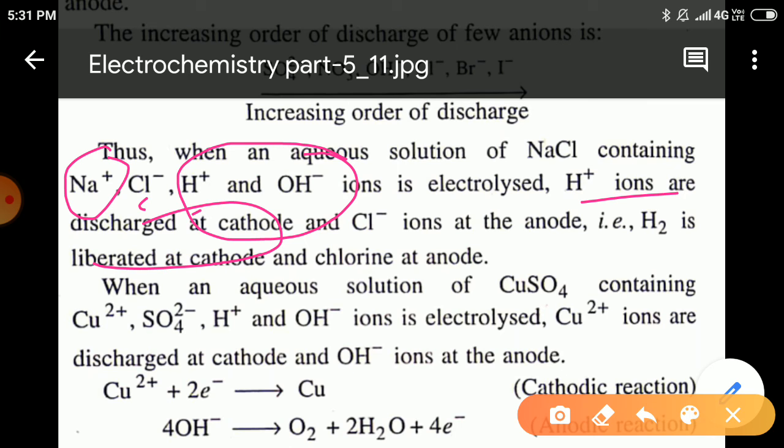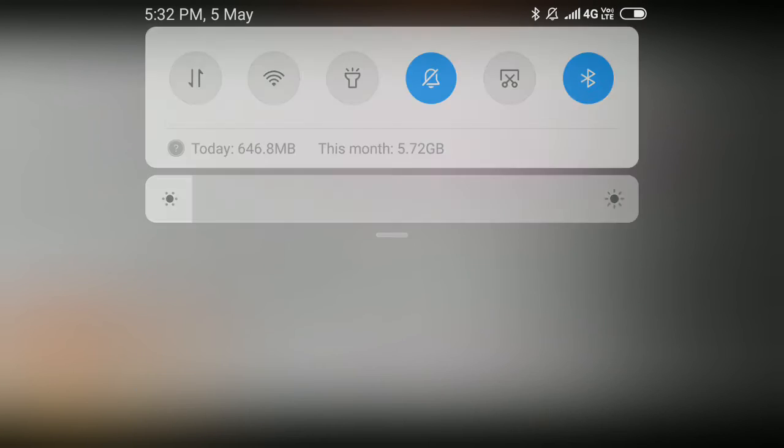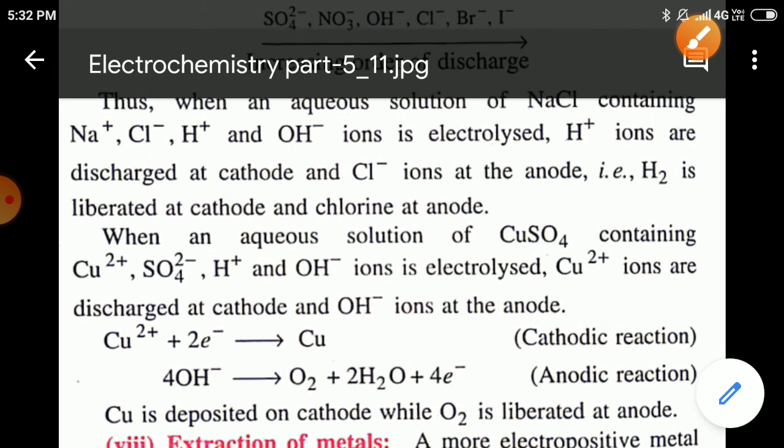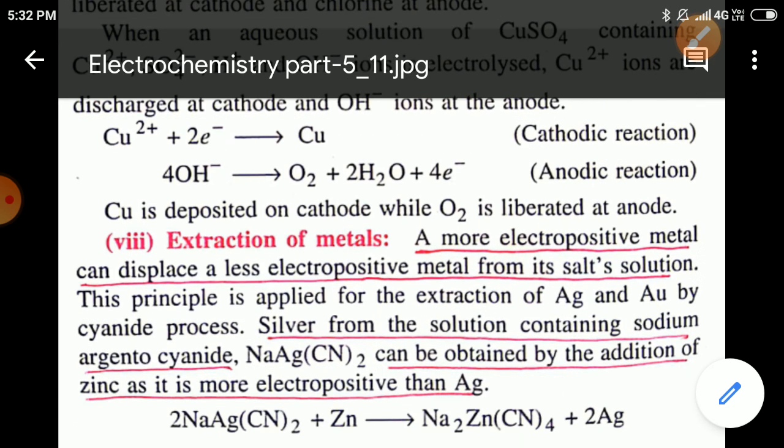So when an aqueous solution of copper sulfate, in the case of copper sulfate aqueous solution, that also has copper cation and sulfate anion, since the aqueous part is given, water will also be split into hydrogen ion and hydroxyl ion. Copper ion migrates to, means is discharged at, the cathode, and hydroxyl ion is discharged at the anode. So these things also depend upon their discharge potential.